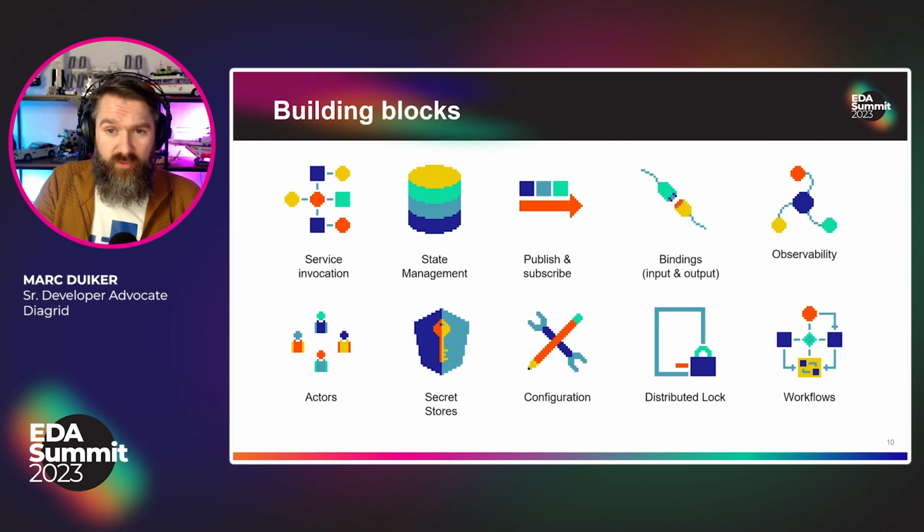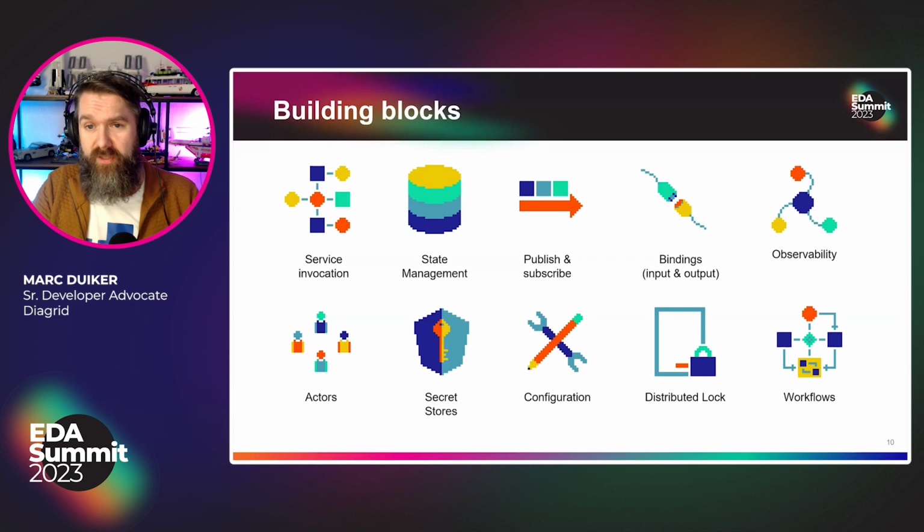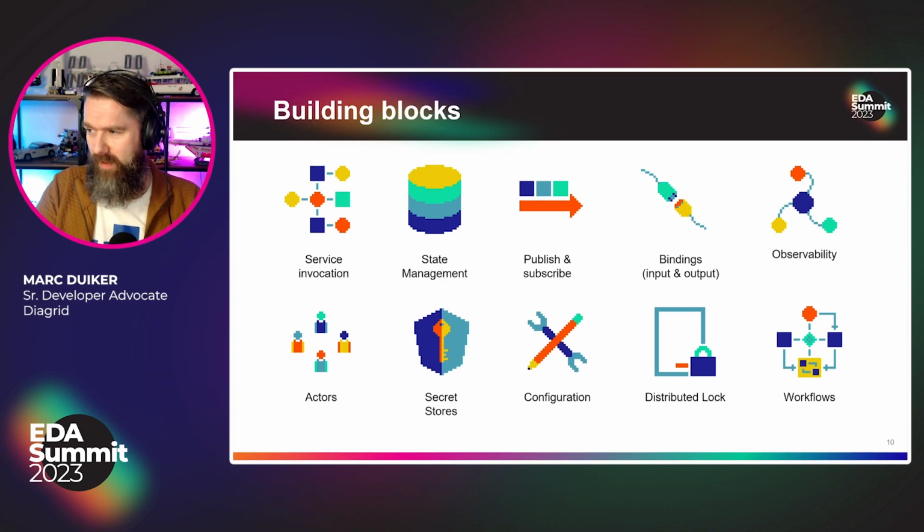You can use the actor model. You can use different state stores, secret stores. There's a configuration store also available. You can use the distributed lock pattern. And with the latest version, version 1.10, there's now also long-running workflows. So dapr offers you a really broad feature set of what you can do in your microservice applications.